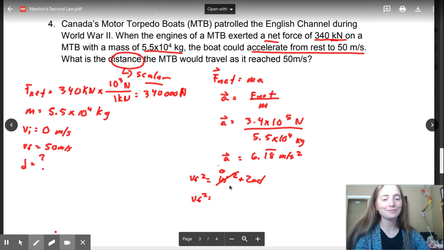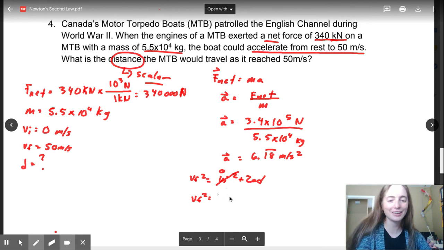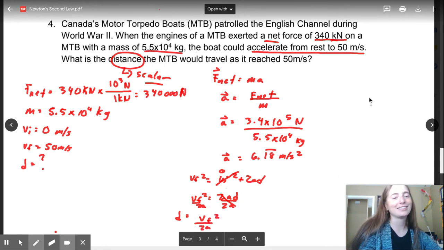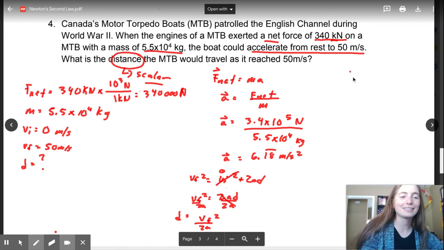Okay. So VF squared is equal to 2AD. We're trying to find D. So I'm going to divide both sides by 2A. Now we have VF squared over 2A is going to give us our distance. That's more like it. So our VF is 50.